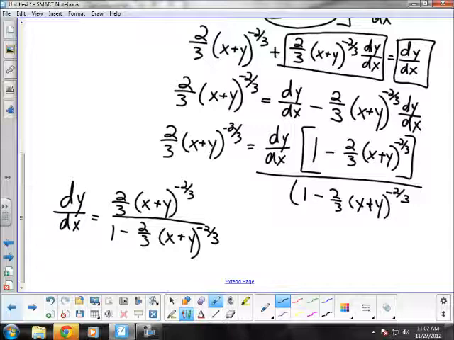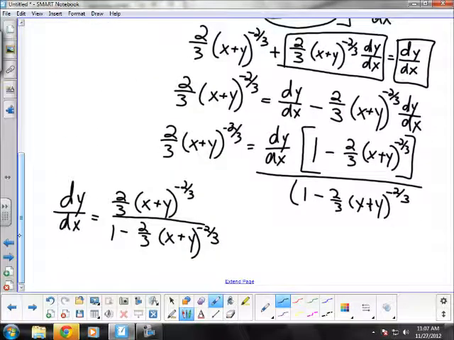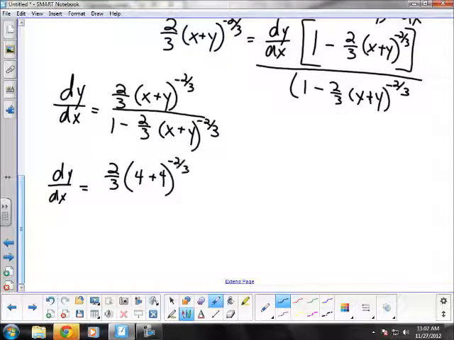Now I got to plug that point that they gave me at the beginning of this problem, which was (4, 4), into the derivative. So the slope at this particular point is 2/3 times (4 plus 4) to the negative 2/3 over 1 minus 2/3 times (4 plus 4) to the negative 2/3, which is 8, right?